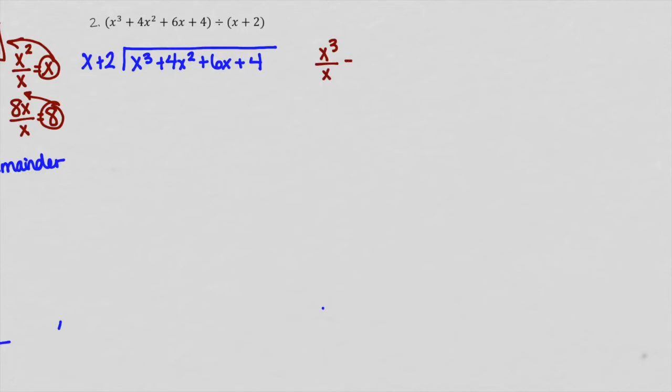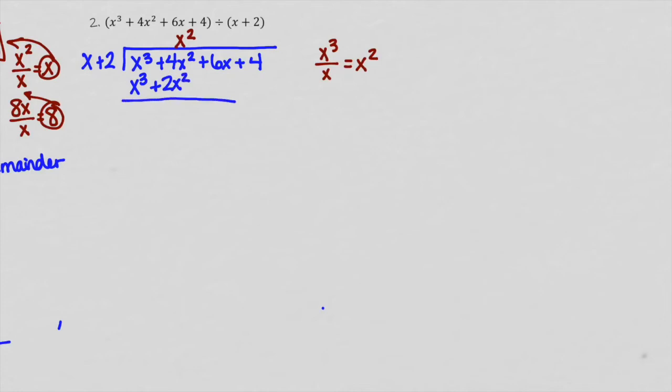And I get x squared. So I'm going to put that above the 4x squared so I can line up my x squareds. All right, x squared times x plus 2, the whole thing, not just x. And I get x cubed plus 2x squared.